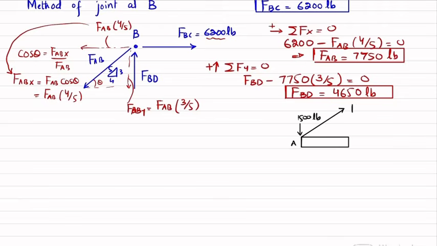FAB is equal to 7750 pounds, and the ratio of the triangle sides is the same: this is 3, this is 4, and this is 5. So this is point G.